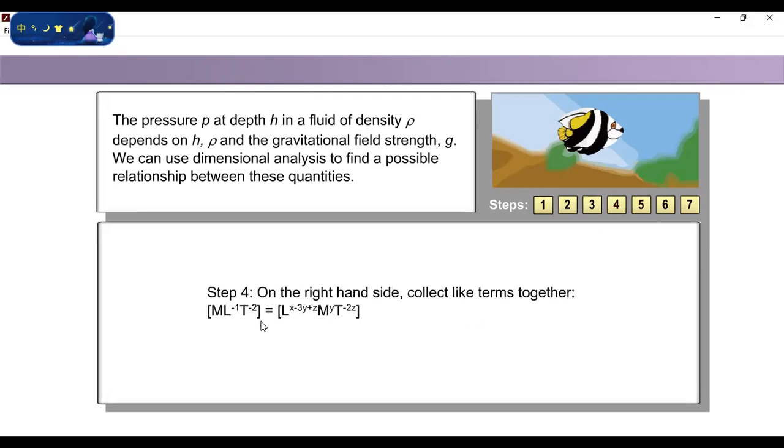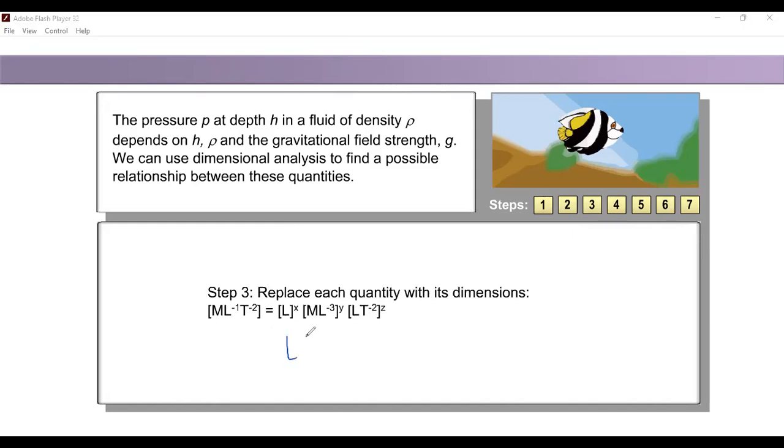On the right-hand side, collect like terms together. All the M, all the L, all the T, collect together. If I expand it, it becomes L^x m^y L^-3y and L^z T^-2z.